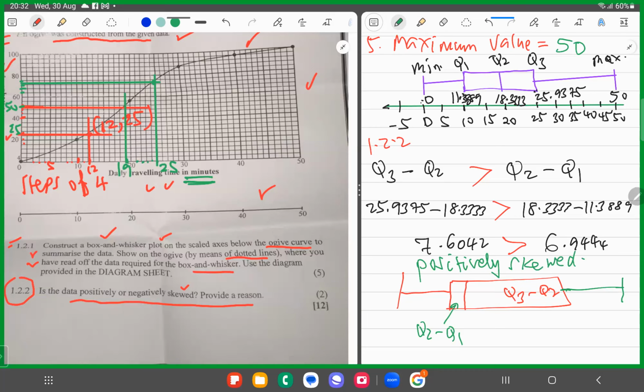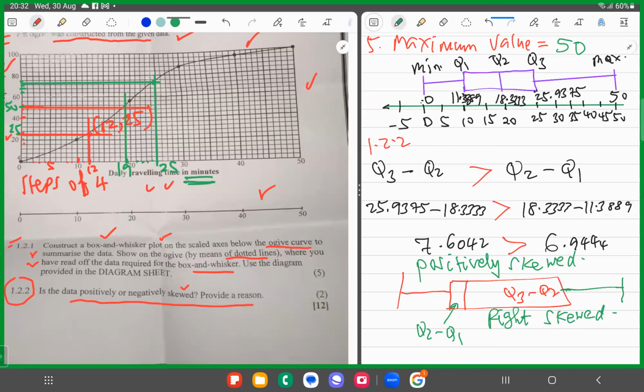If it is positively skewed, what else do you say for the positive skewness? If you don't want to use the word positively skewed, you say it is right skewed. Can you say it's right skewed or positively skewed?